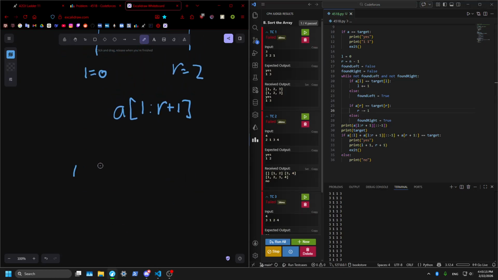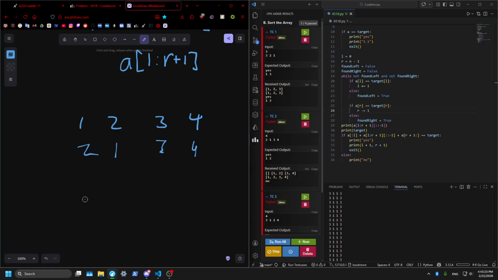Now for our next case, 1, 2, 3, 4. 2, 1, 3, 4. Different. So L equals 0. Same, same, different. So R equals n minus 1. So 4, 3, 2, 1.